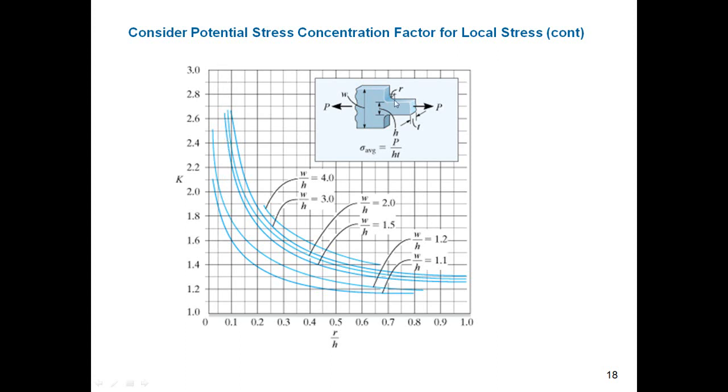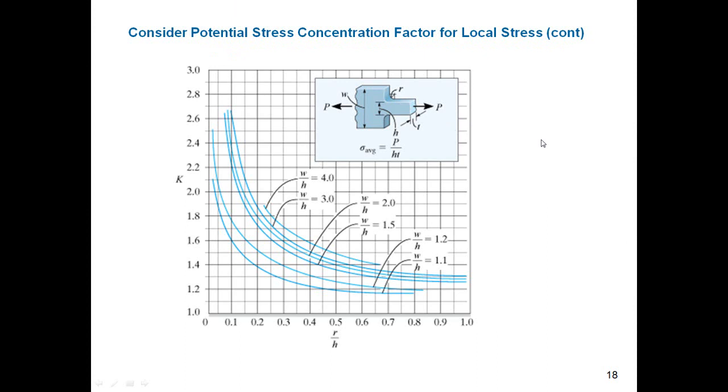But what these are saying is that as the radius becomes smaller and smaller, the localized stress concentration factor could be as high as 3, or who knows, somewhere higher. So let's just assume, for example, that 3 is going to be the stress concentration factor for our cantilever beam.